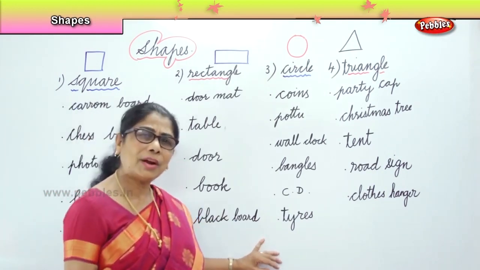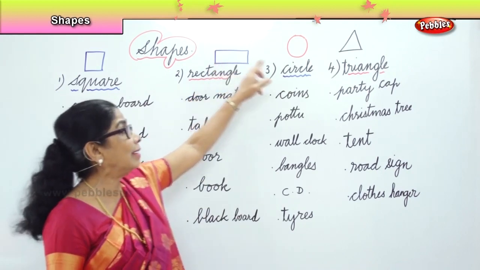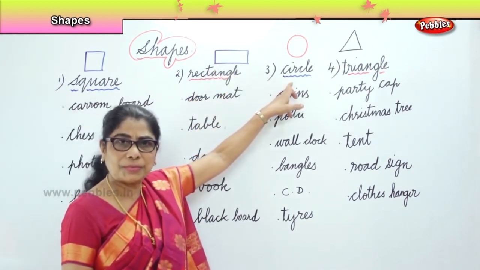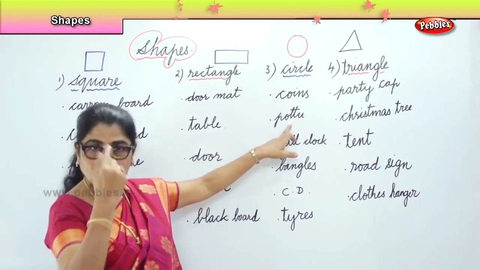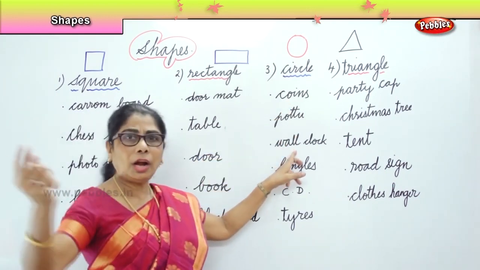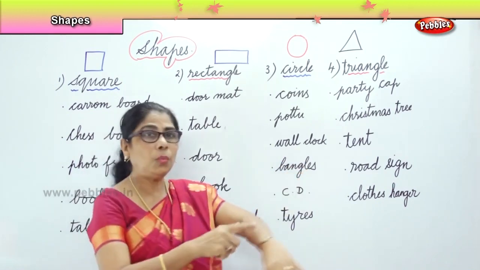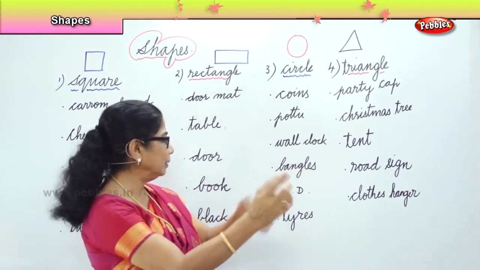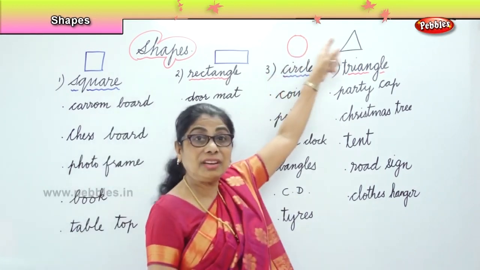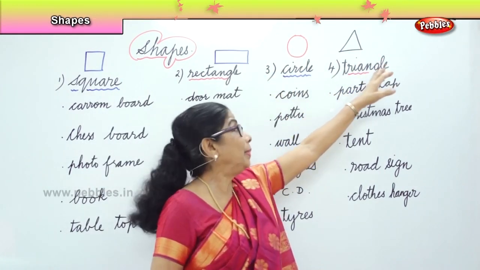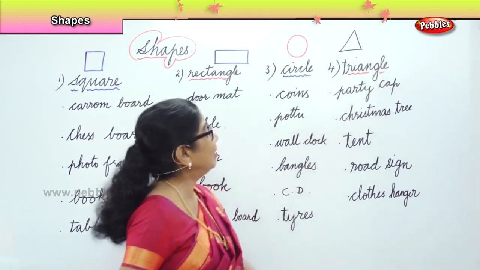they're all in what shape? Rectangular. Circular shapes, circles, your coins, pottu that you put on. Wall clock can be circle, watches, bangles, CDs, tires, they're all circular in shape. Then you have triangle.